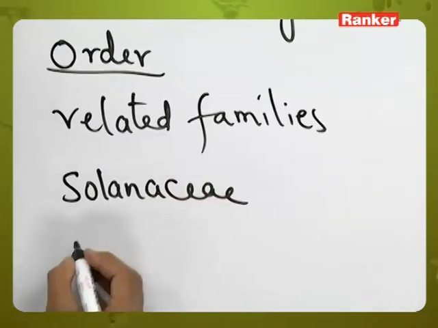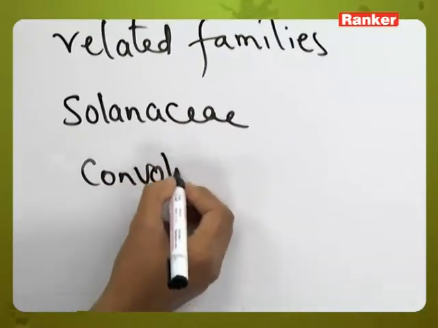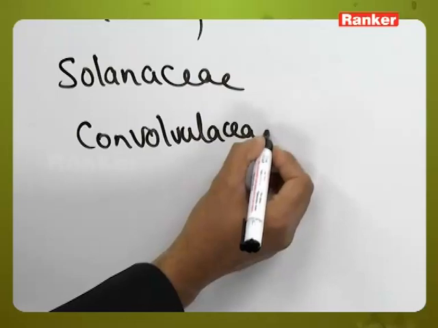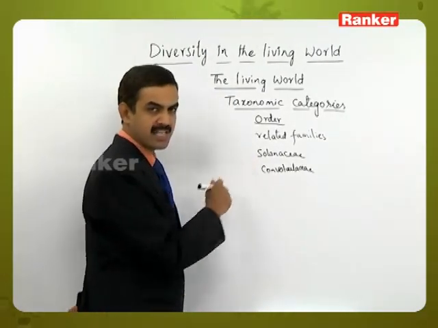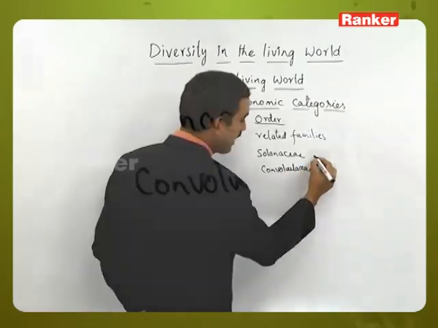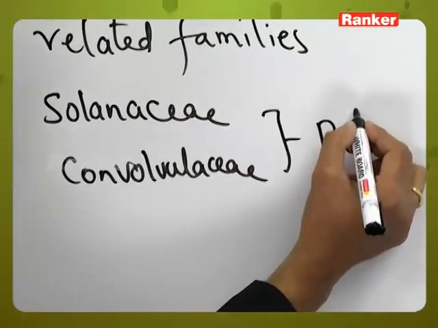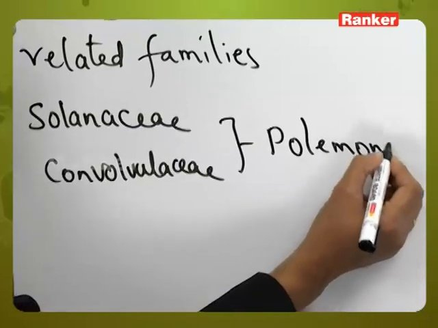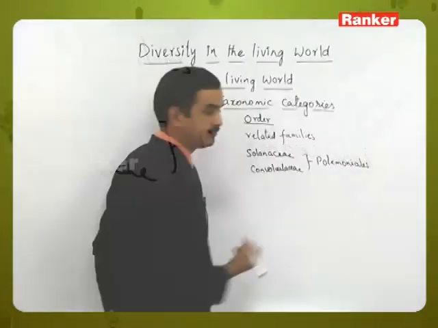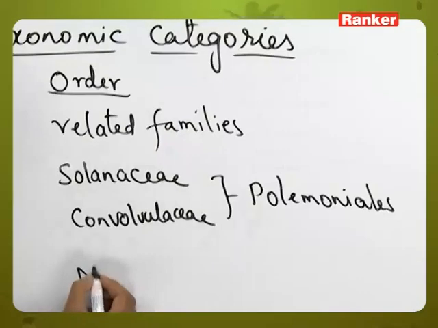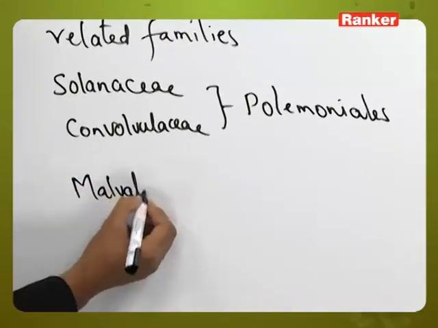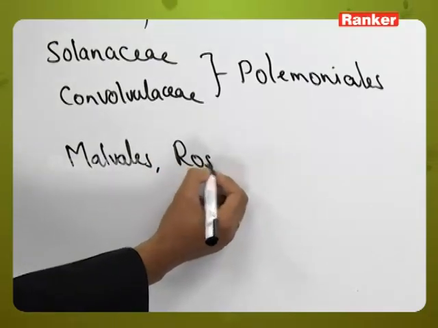Solanaceae is one family and Convolvulaceae is one other family. So they exhibit a lot of differences, but at the same time they have a few similarities. Based on the similarities they have been kept under an order called Polemoniales. This is one example. Likewise, some other examples for orders are the Malvales, Rosales.